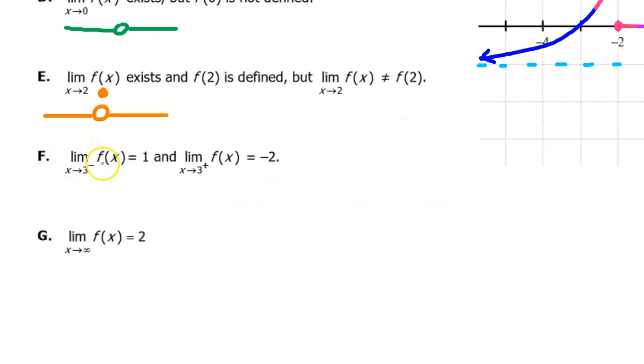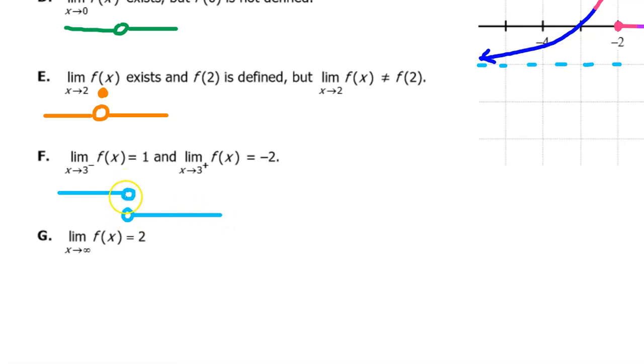Part F says that the limit as x approaches 3 from the left is equal to 1. So the left-sided limit exists, so we know it's got to be approaching the specific value of 1. The limit as x approaches 3 from the right is equal to negative 2. So on the left, it's coming in at 1, but from the right, it's coming in at negative 2.